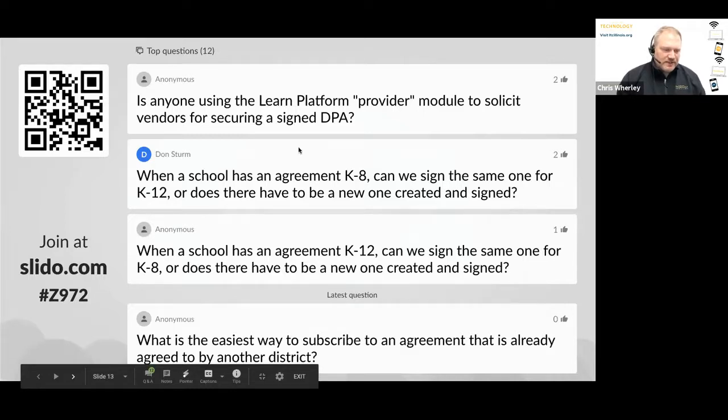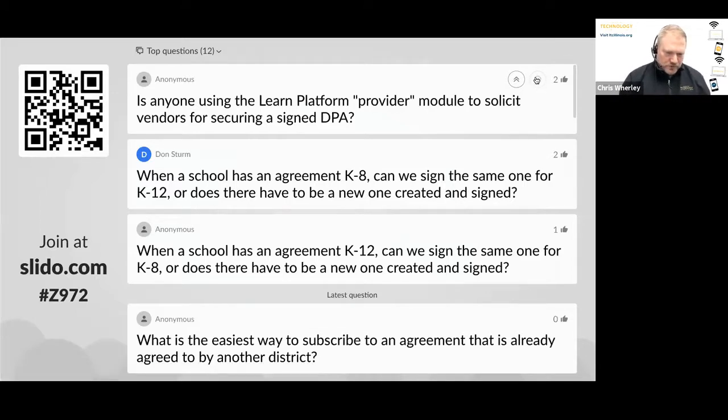So if you are using something like Learn Platform or Education Framework for soliciting vendors for the agreement, you can reach out to me and share that with me, and maybe we can do a little show and tell next week or within the next couple of weeks about that. So if you are doing that, you can put that in chat, or please let me know, and we can work something out on that.